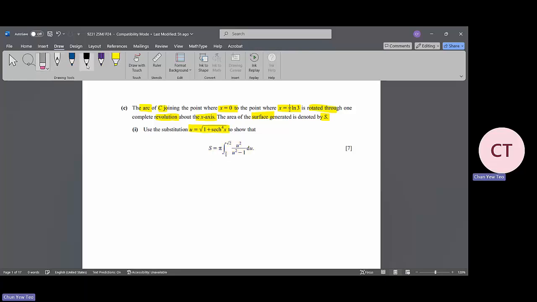So what you need to do over here is that we need to know the formula for the surface area is 2 pi y square root of 1 plus (dy/dx) squared. Okay, so this is what you need to know at the very beginning, and from 0 to half ln 3.